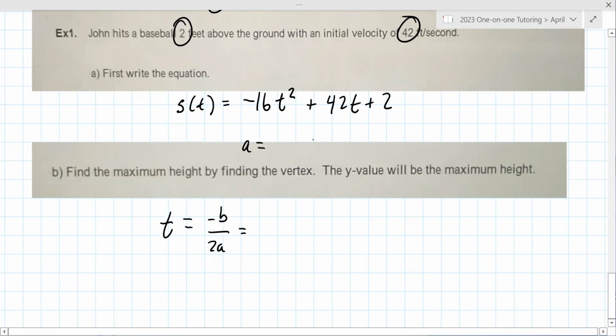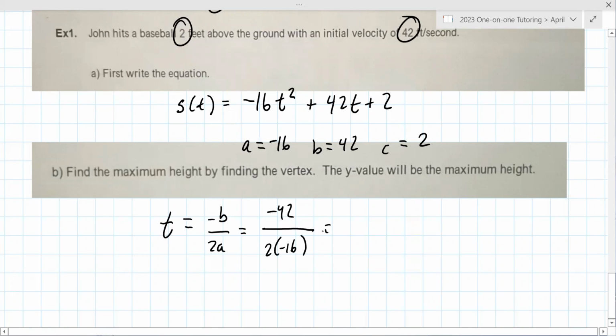What's your a, b, and c in this problem? A is negative 16, B is 42, and C is 2. Good. All right, so you got the minus 42 over 2 times minus 16.